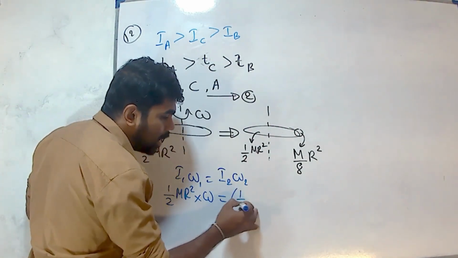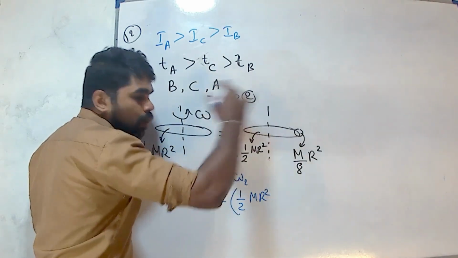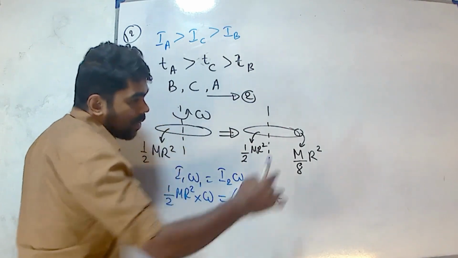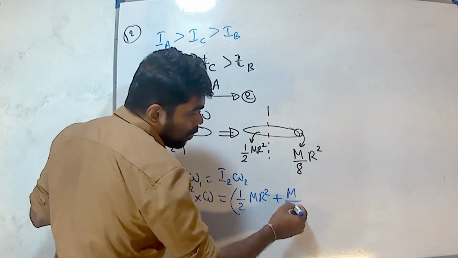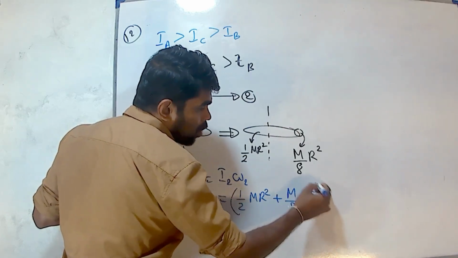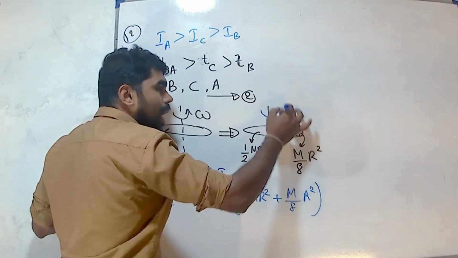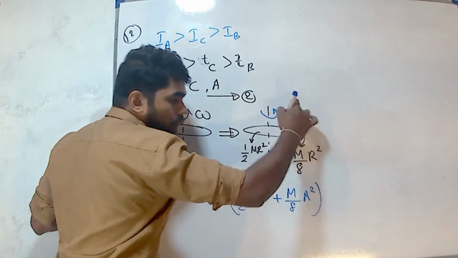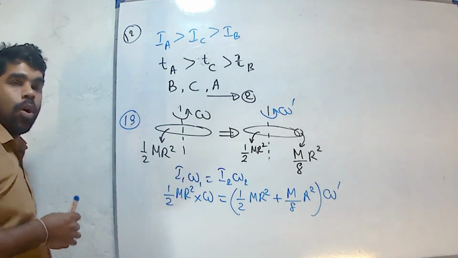We have to add half mr squared, the moment of inertia of the circular disc, plus m over 8 r squared, the moment of inertia of the point mass. This is the total moment of inertia. We multiply by the final angular velocity, which I have considered as omega dash.